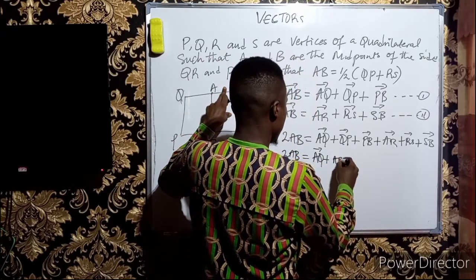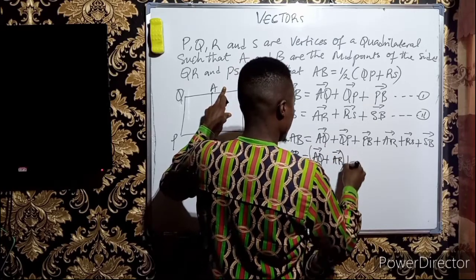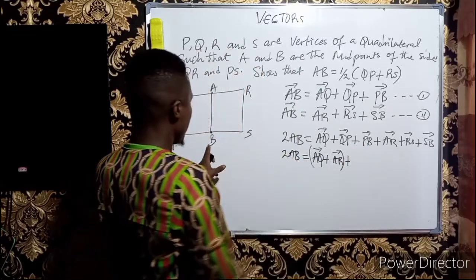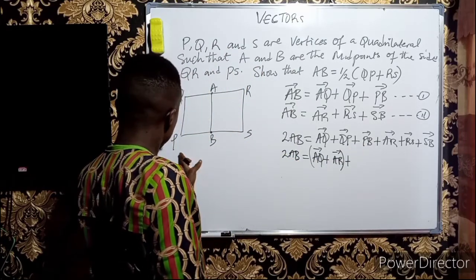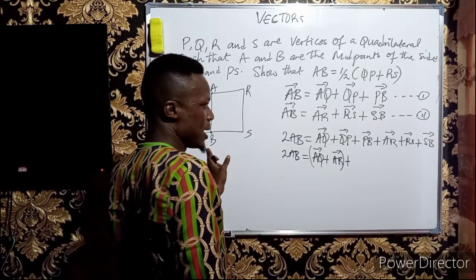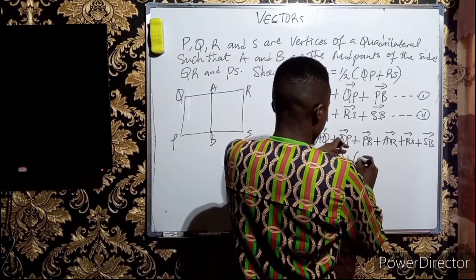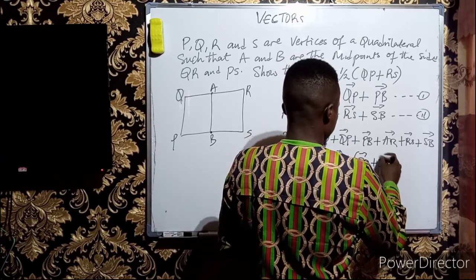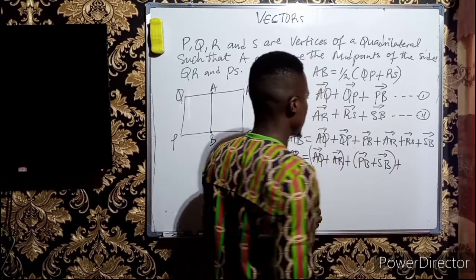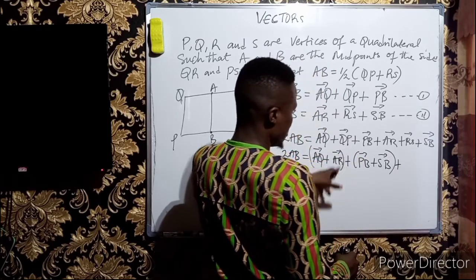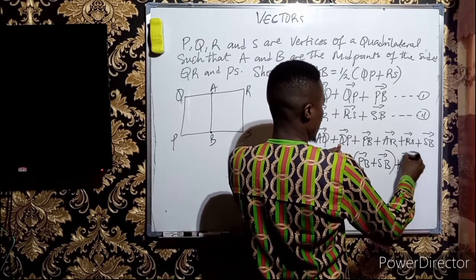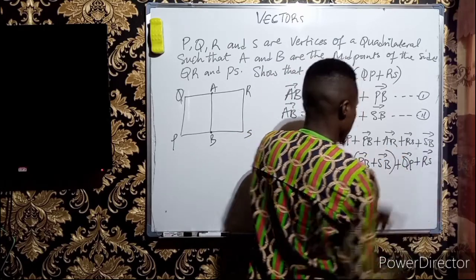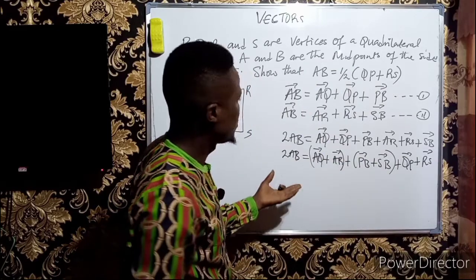Then coming down here, I have PB, and PB and BS or SB are in the same line. So here I have PB plus SB. Then what is left is QP, which I've not touched, plus RS, which I've not touched. Now let us be critical here.